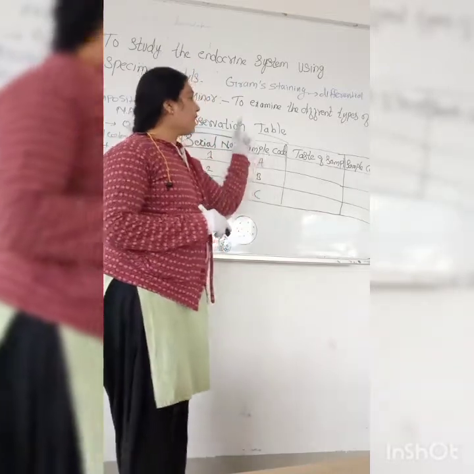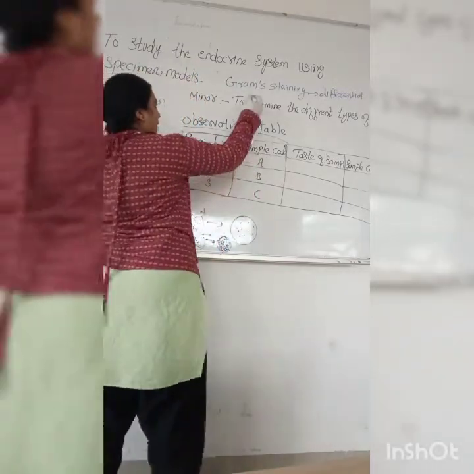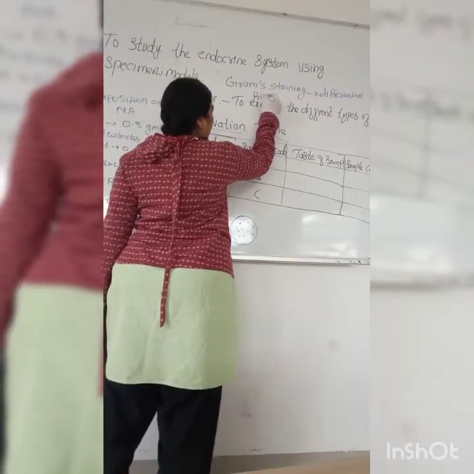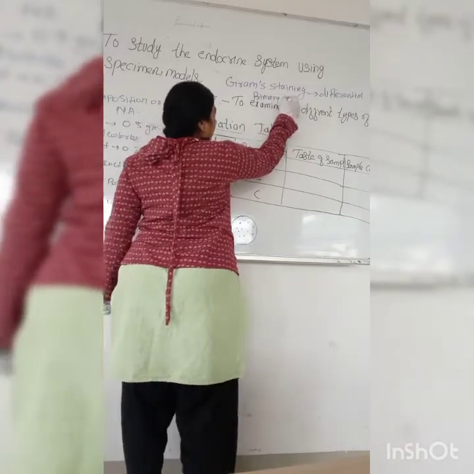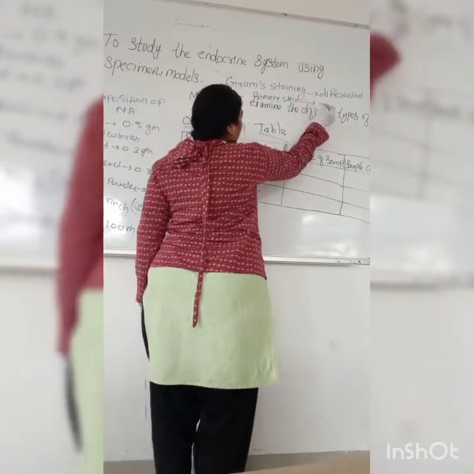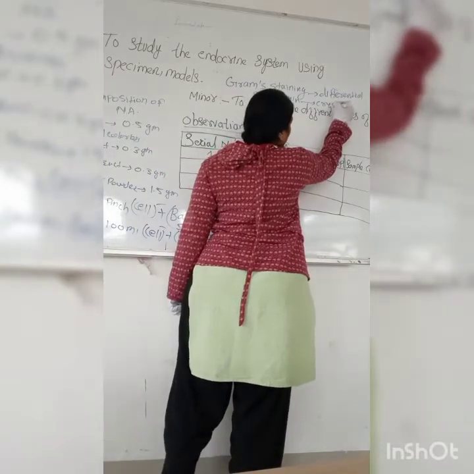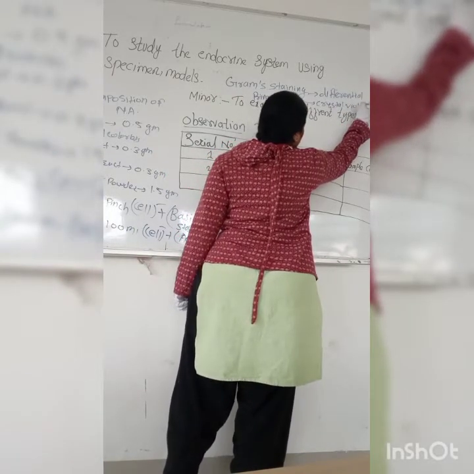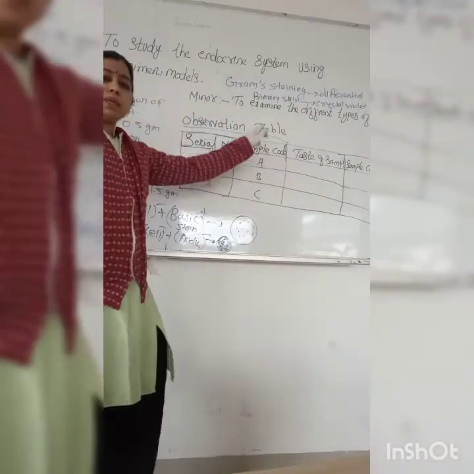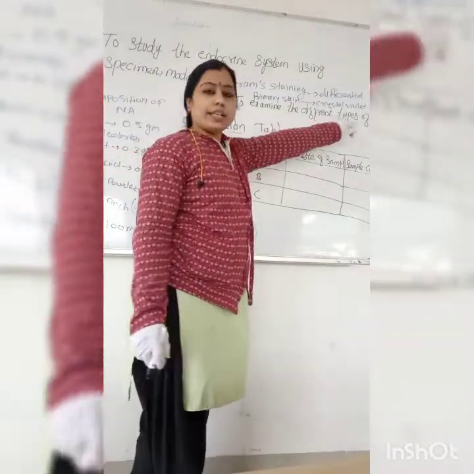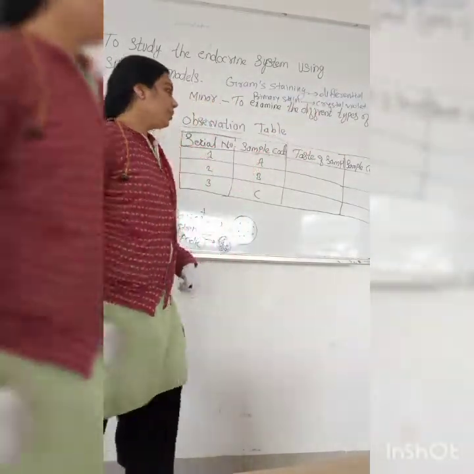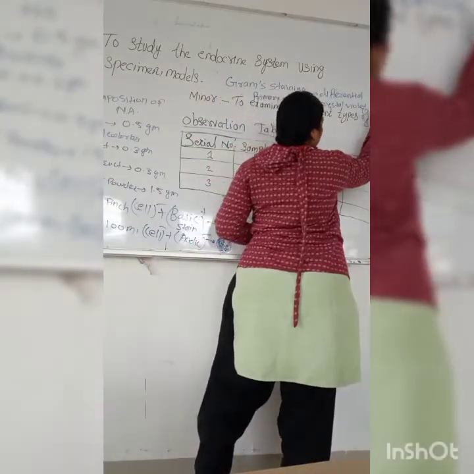Then we first add the primary stain, that is crystal violet, and wait for 2 to 3 minutes.